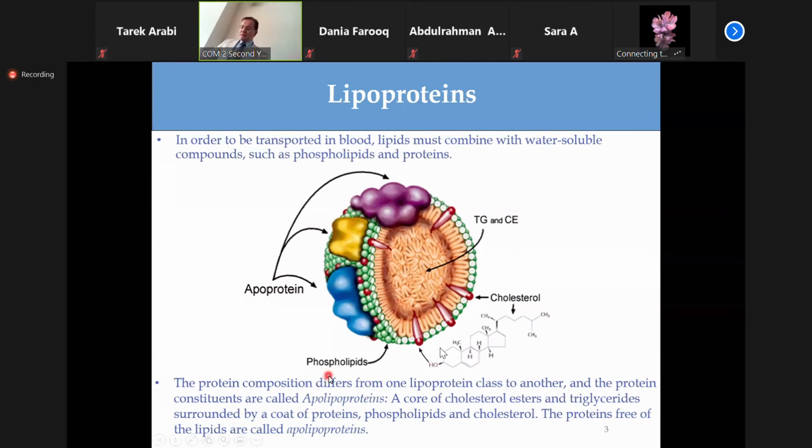In that phospholipid layer, the cholesterol is spanning it. We also have protein components of lipoprotein, the apolipoproteins. What's the function of apolipoproteins? They bind the receptor, retain the structure of the lipoprotein, and also activate enzymes such as lipoprotein lipase. So it has three different functions.